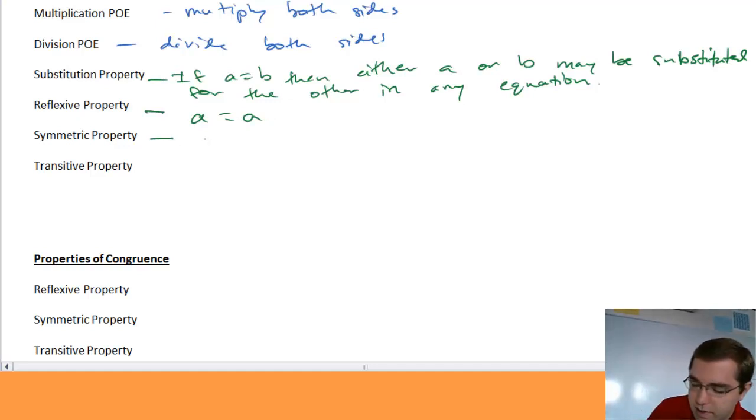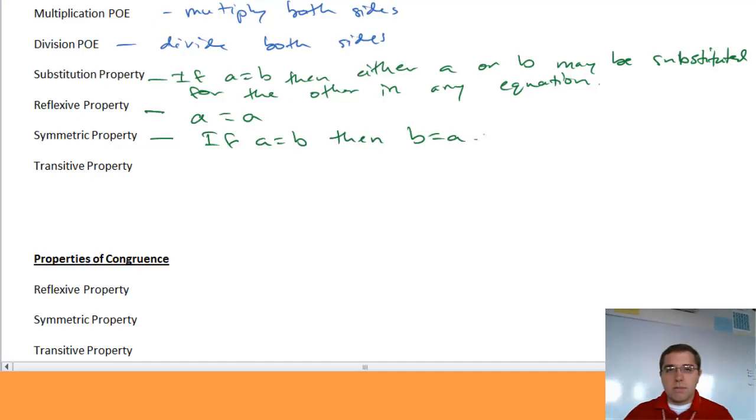The symmetric property says if A equals B, then B equals A. That equality works both ways. It's not just a one-directional thing, it's a bidirectional thing. If A equals B, then B equals A. It works two directions.